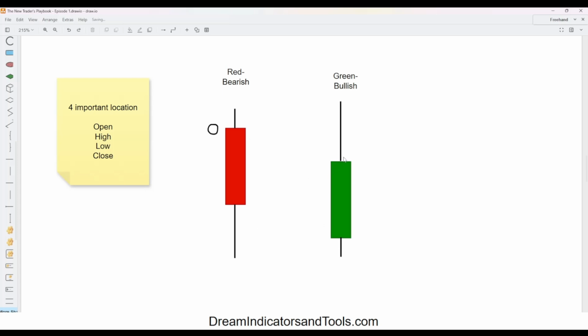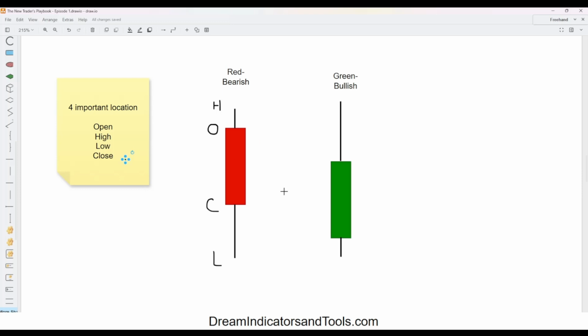Okay, so bodies and wicks. Let's take a look at that. Open here, and then price goes up until it hits its high, and then price goes down until it hits its low, and then pulls back in and hits its close. So that is where you get OHLC: open, high, low, close.